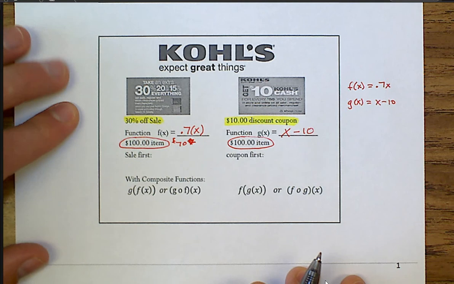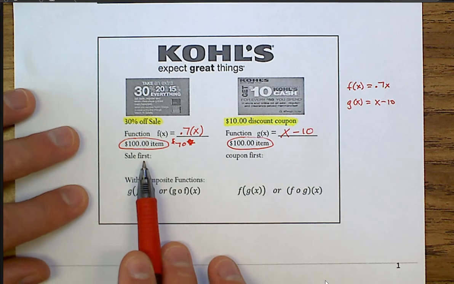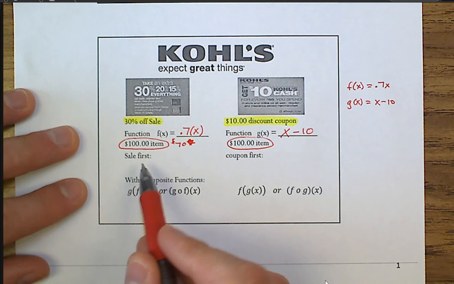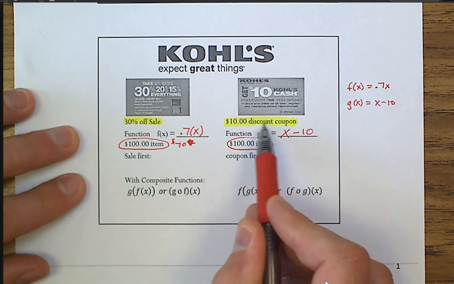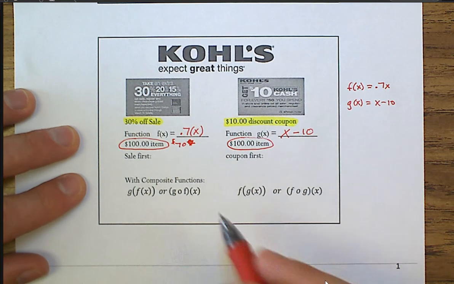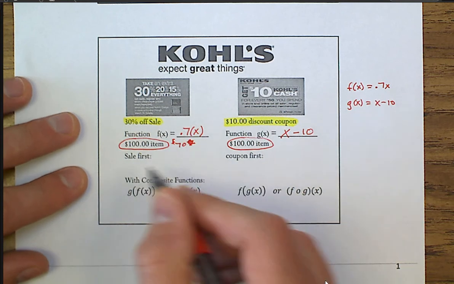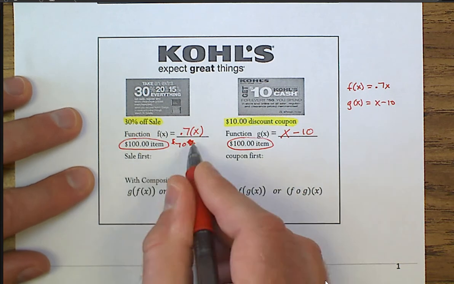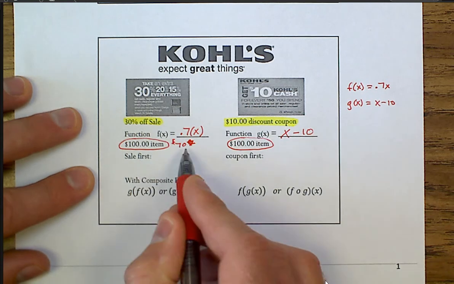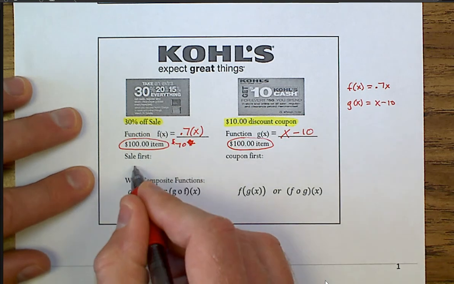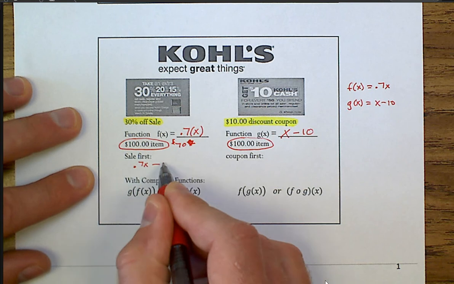Now, I'm going to go through the sale first, meaning if we took 30% off and then did the discount, what would that be? Well, if we did the sale, we would take our $70 and take $10 off of that. So 30% off would give us $70, and we would basically do 0.7x, and then subtract the $10.